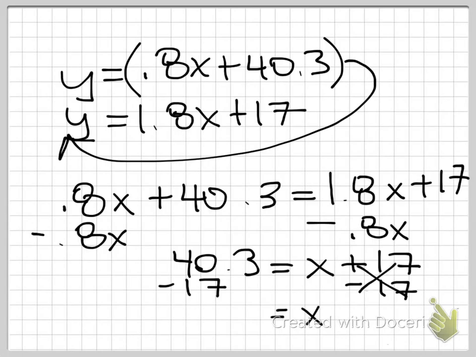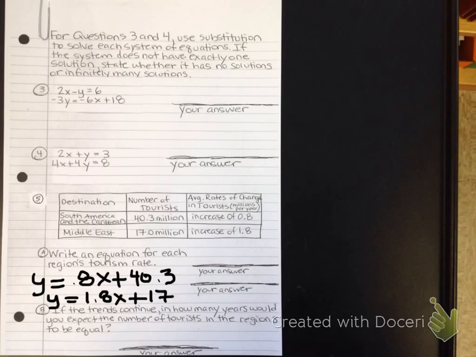So x would be equal to 23.3. So what that means, if we go back to the problem, it would mean that in 23.3 years, the number of tourists in the regions would be equal.